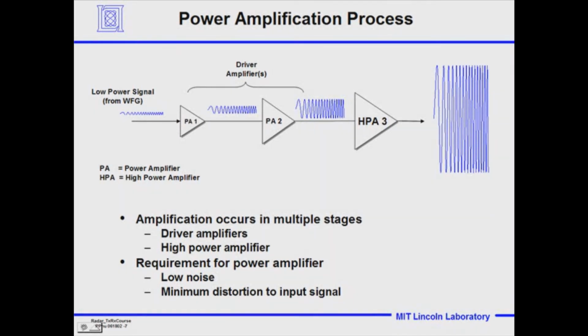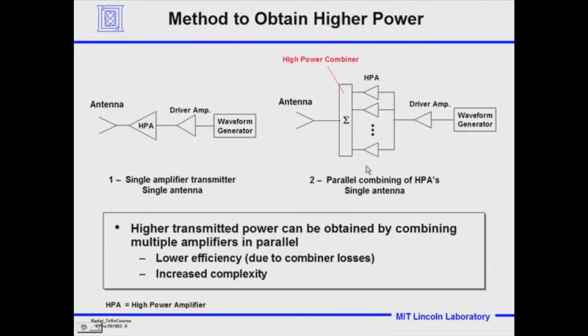Okay? And we also can put amplifiers architecturally different than this set we see in series. We can put them in series and have a waveform generator, a driver amplifier, and then a high power amplifier, and then the signal going out to the antenna.